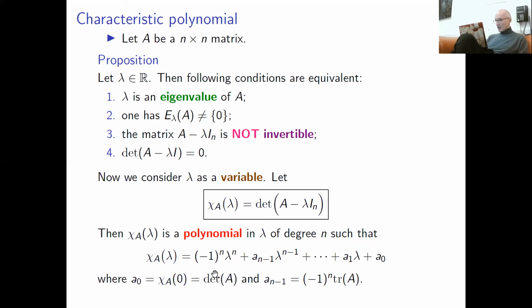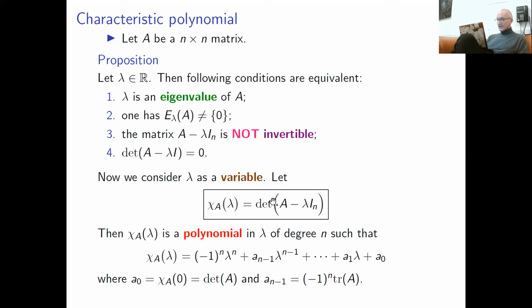And this polynomial looks like this. Its degree, as I said, is n. Its leading coefficient, the coefficient in front of the top power, is -1 to the power of n. Its constant term is easy to find.